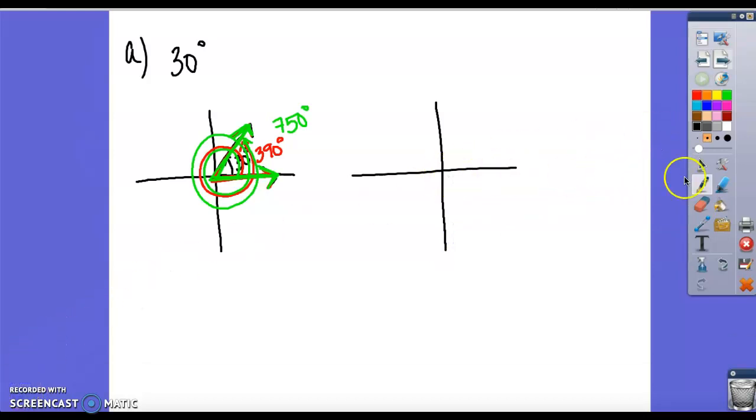Now let's look at a negative coterminal angle. Here's my 30-degree angle in standard position.